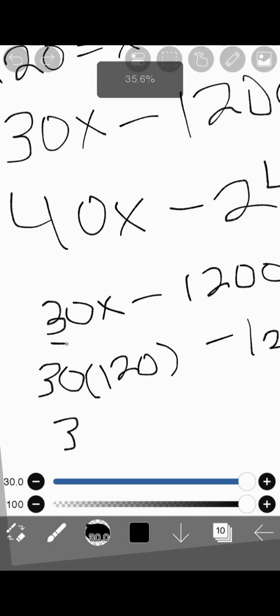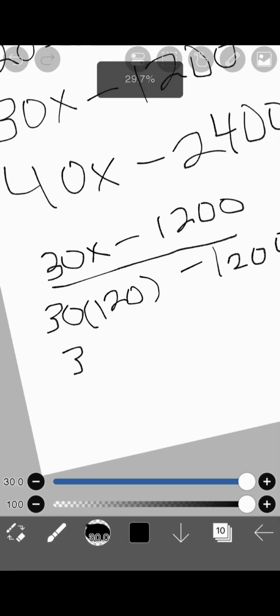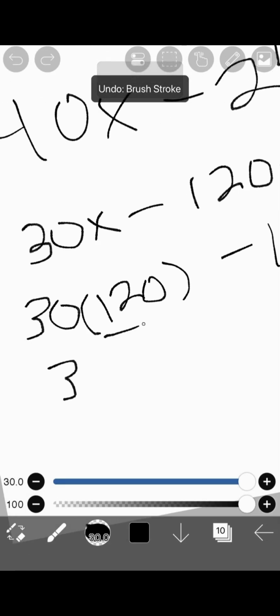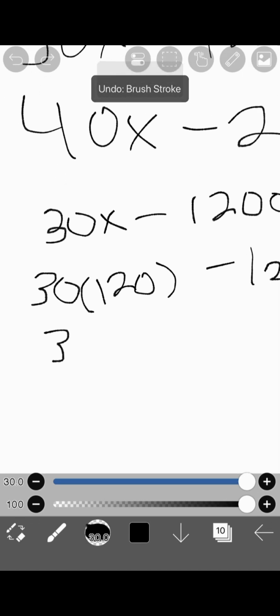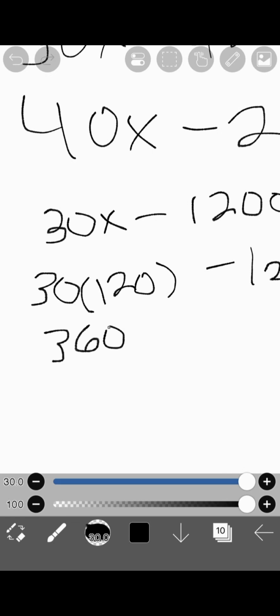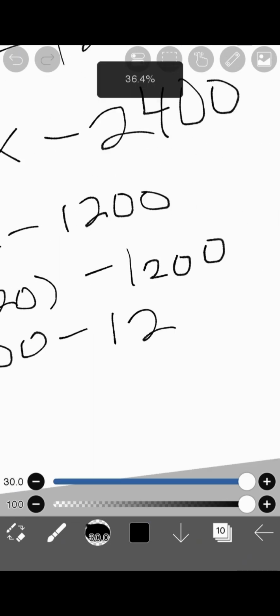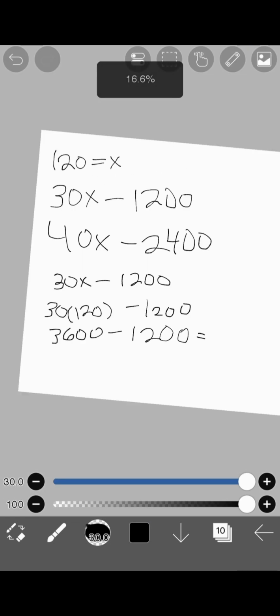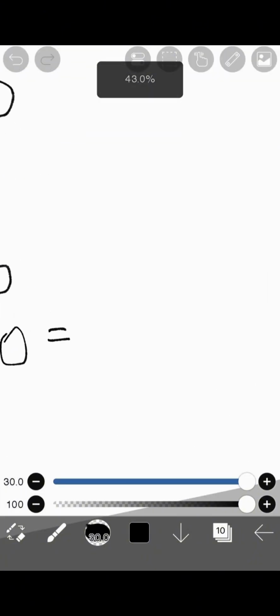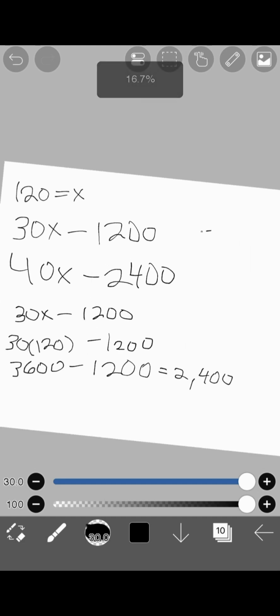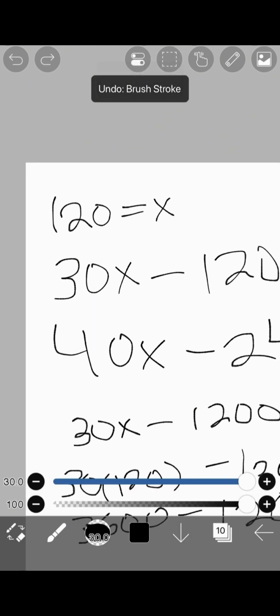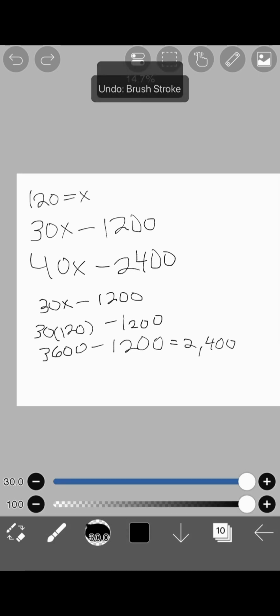So we have 30x minus 1,200. Since x is 120, 30 times 120 is 3,600 minus 1,200, which would give us 2,400. We could also substitute it into the other equation, but since we said this is the point of intersection, we will just get the same value anyway.